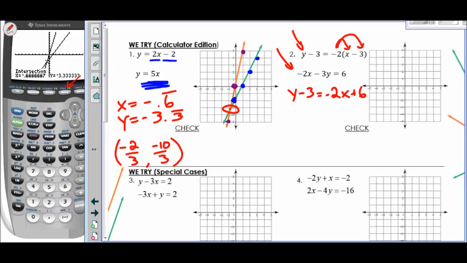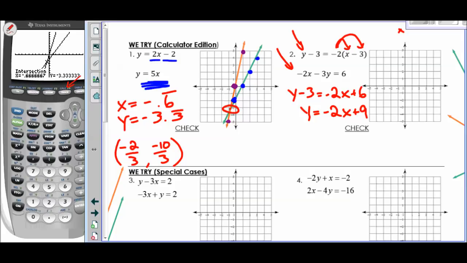And then I'm going to move the 3 over by adding it, so I get y equals -2x plus 9. So this equation isn't even going to go on that graph. I have a y-intercept of 9 somewhere up there, and then a slope of -2. This is another reason why we will have to do some of these on the calculator. It's just not practical to graph some of these.